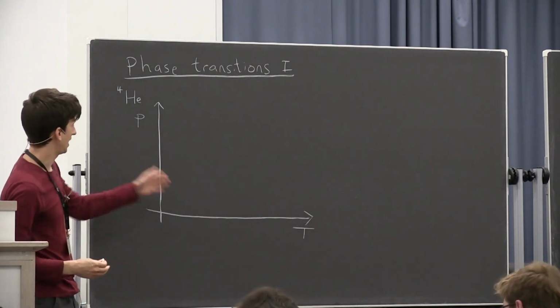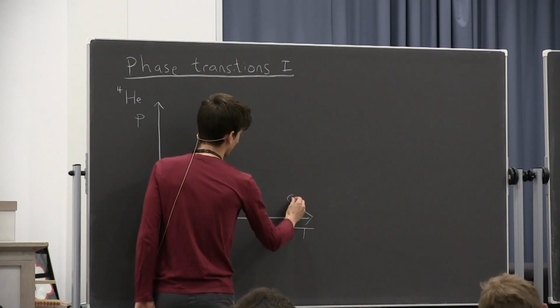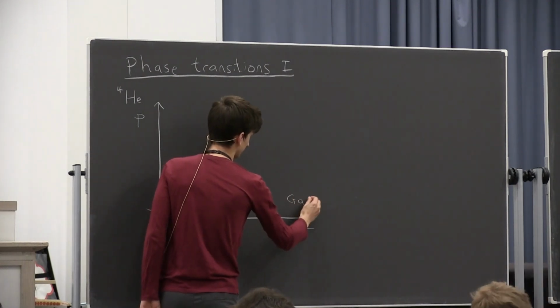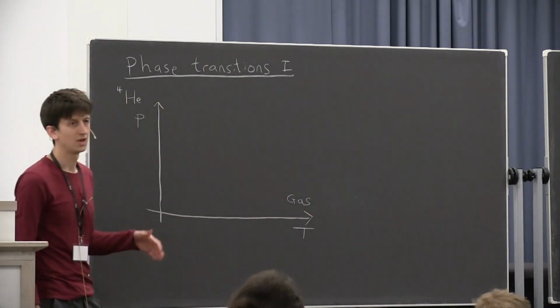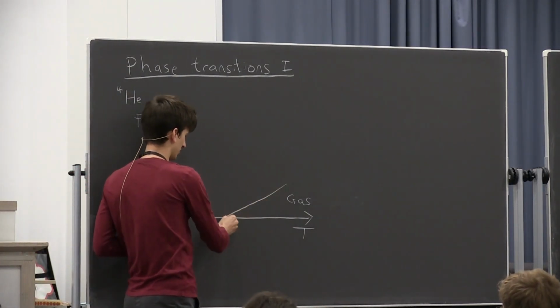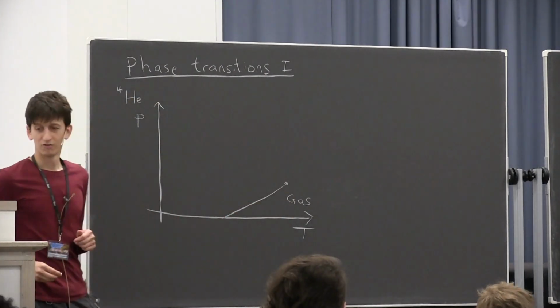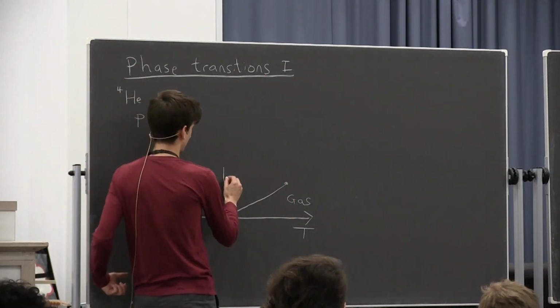At low pressure and high enough temperature, we know that helium-4 is in a gas phase. And as we decrease the temperature, at some point, we have a phase transition, and here we have a first order phase transition from a gas phase to a liquid phase.